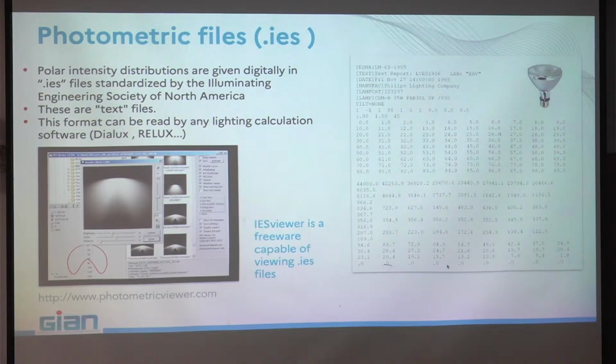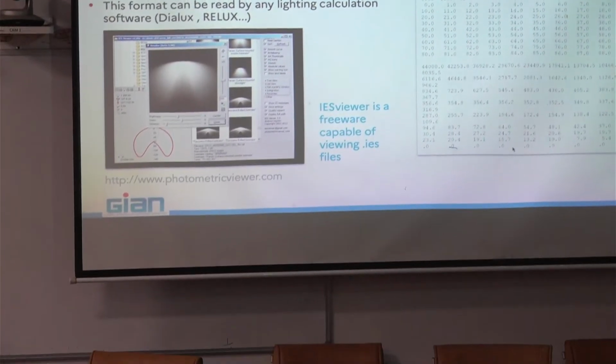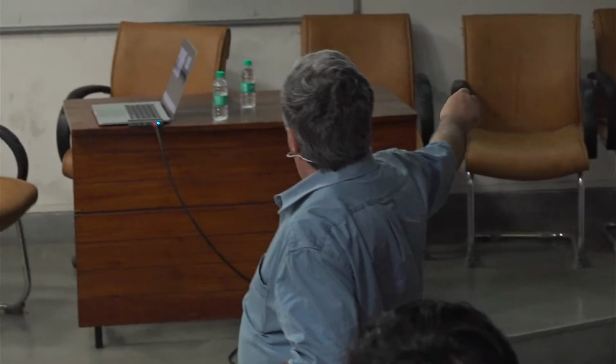.ies gives you inside the file all the intensities. In fact, the file itself, you can edit it. It's in a text format. You can read it, and you have a given type of information at the beginning, and then the values that allow you to get the photometric curve in a given cut.